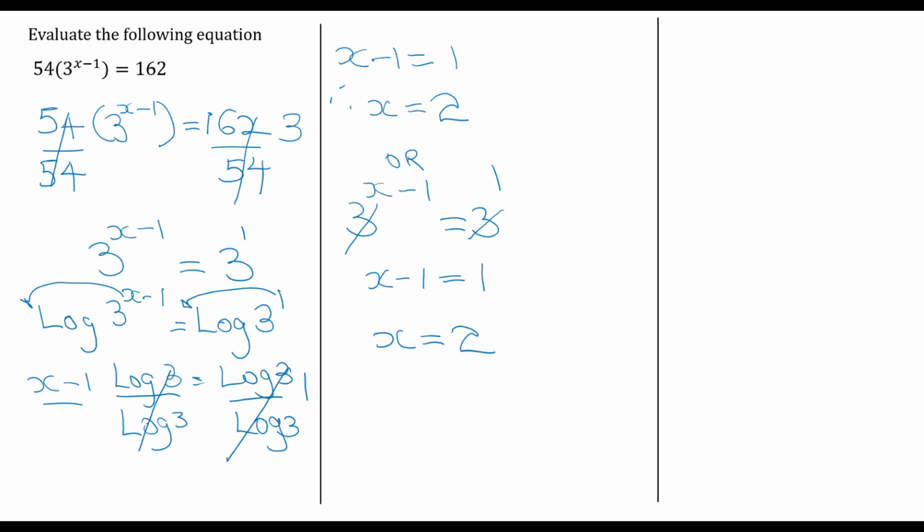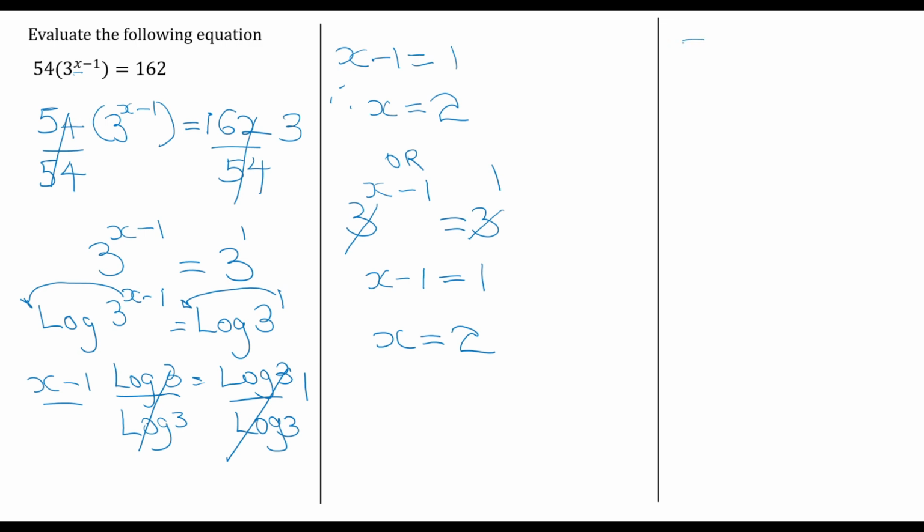Now, given that the value of x is 2, you'll want to establish whether this is indeed what's supposed to be the answer. So how do you go about it? You replace the value of x with 2.